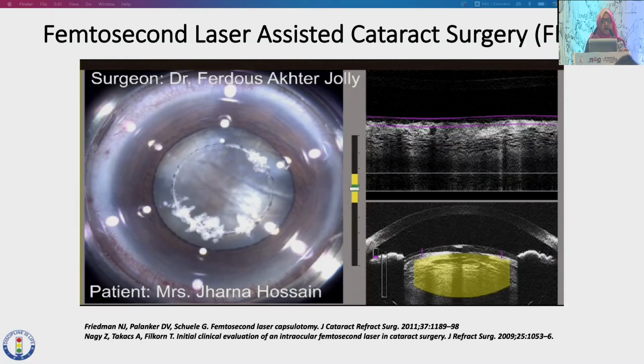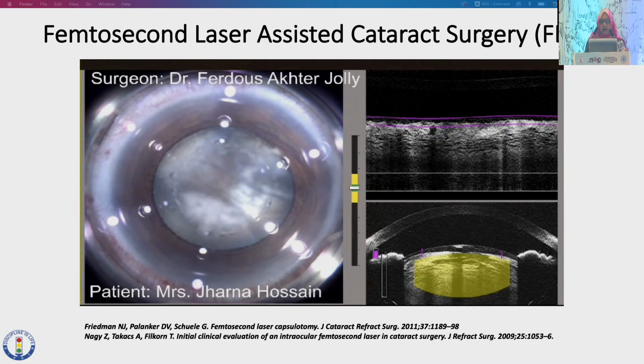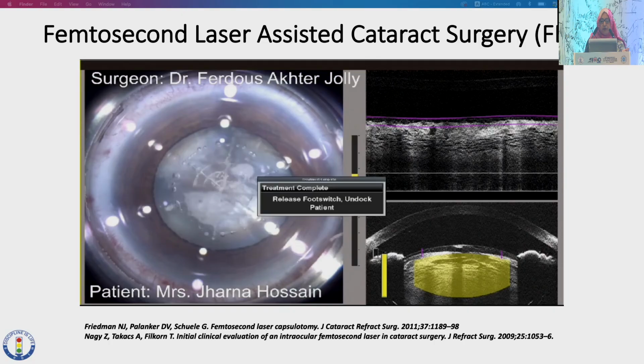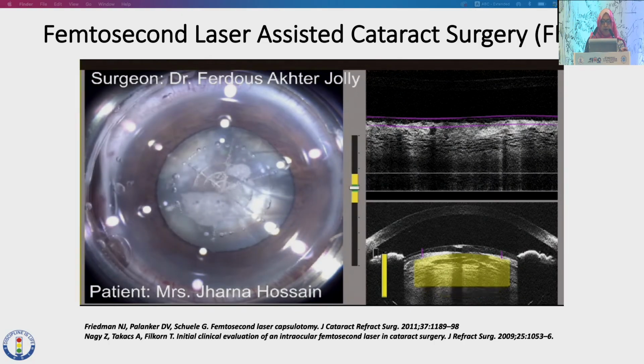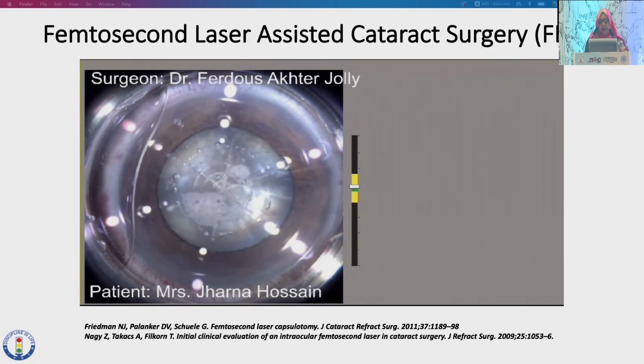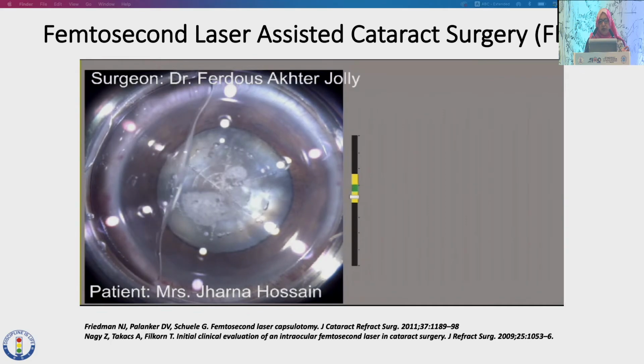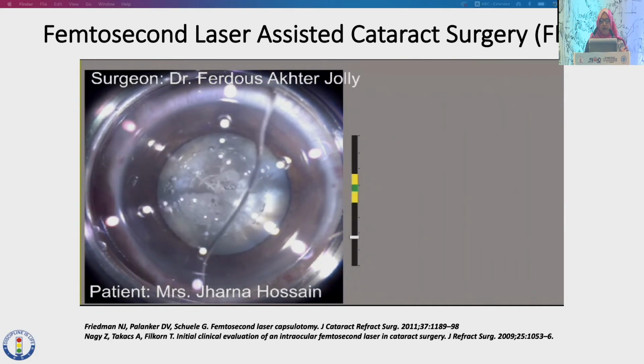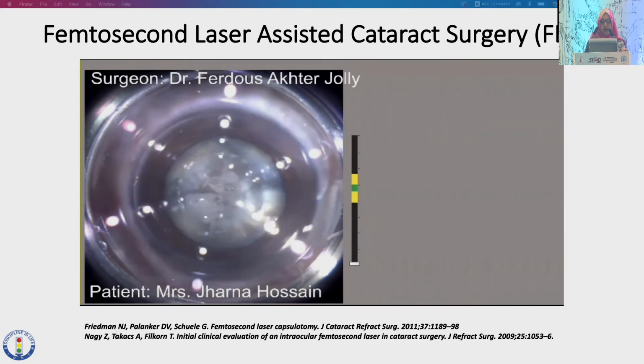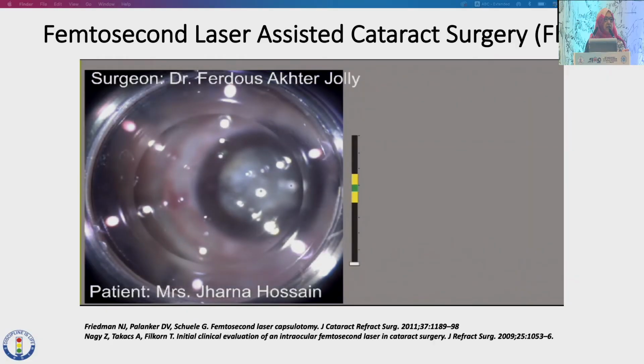Here, there is less variation in centration and size, uniformly circular and precise diameter, and reduced risk of radial tears. Optimum capsule overlap, therefore improved refractive and visual outcome due to more predictable effective lens position. Higher cost of the procedure remains the major limiting factor.